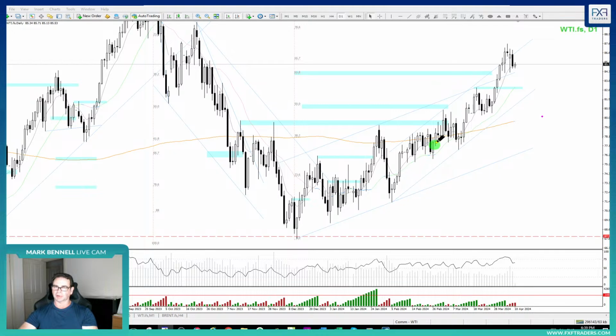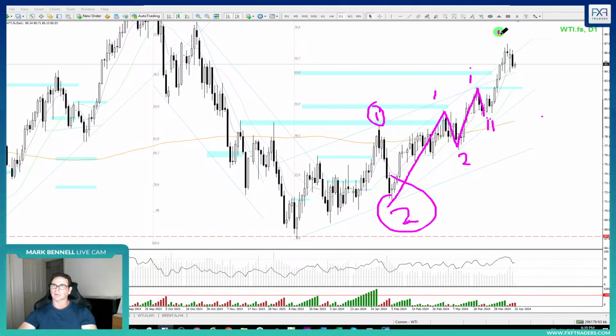All this garbage through here that I'm having trouble with, but I think this is a smaller 1, 2. Remember, this is the bigger wave here, 1, 2. And then this looks like here, 1, 2, and this looks like 3 here. So, there you go, I've marked that out already. Look, so expecting a 4th through there.